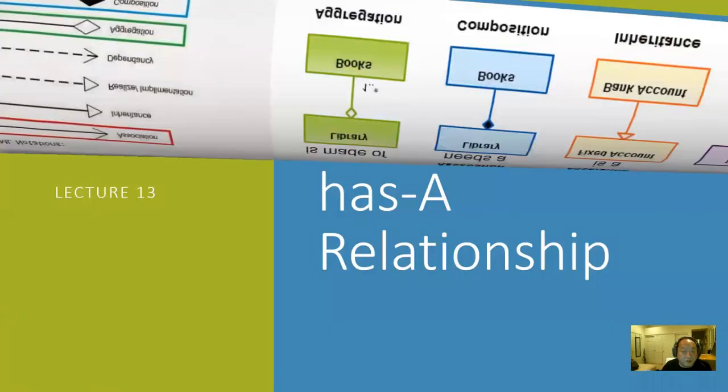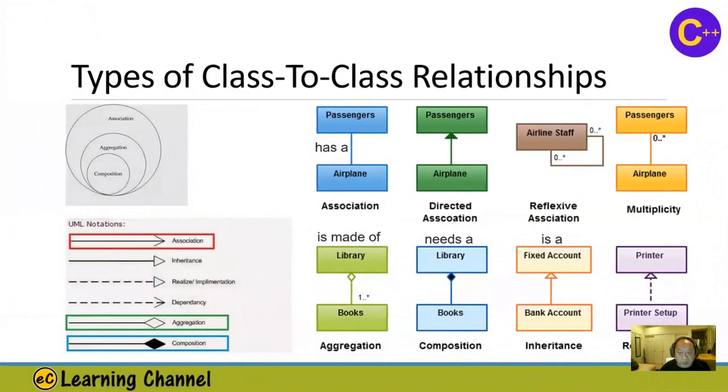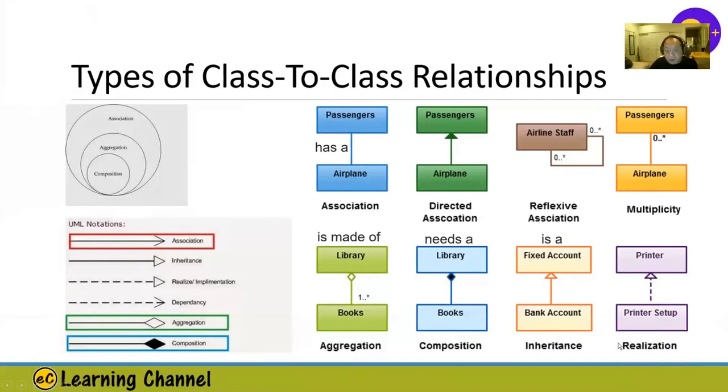Has-a relationship. We have has-a, and you can explain it as made of: a library is made of books, and a library needs a book. Whereas a fixed account is a bank account. This is called inheritance. When you read an is-a relationship, it is inheritance.